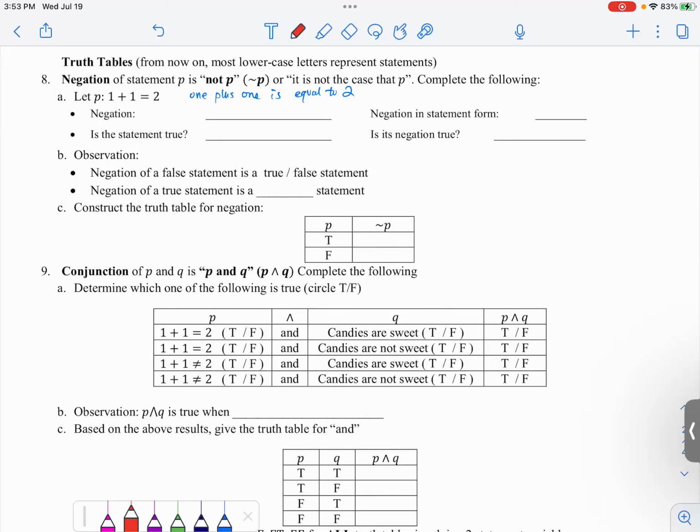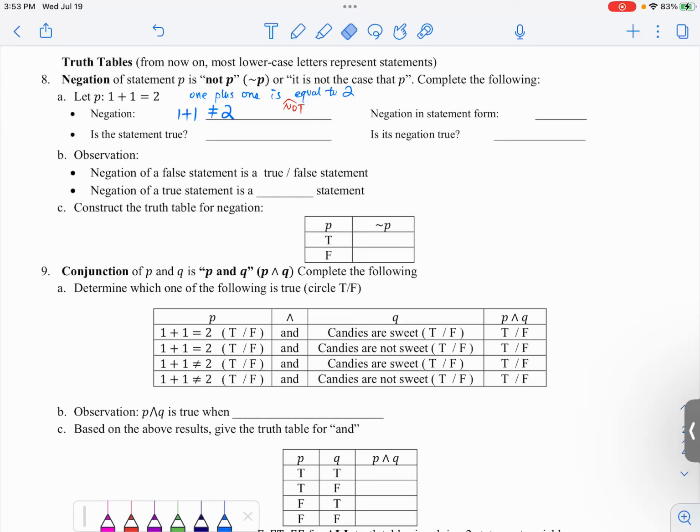It is not the case that 1 plus 1 is equal to 2 means 1 plus 1 is not equal to 2.